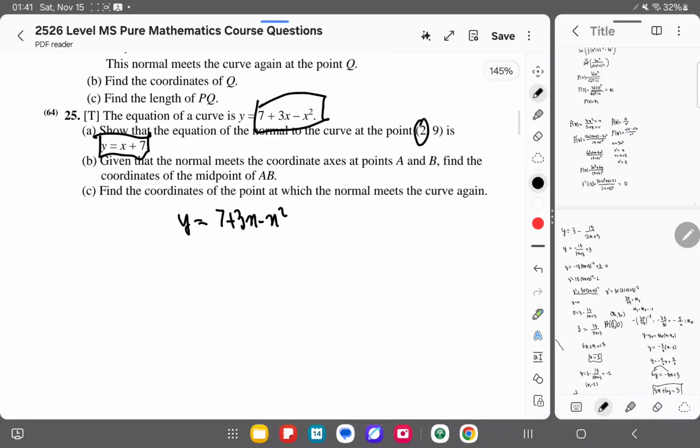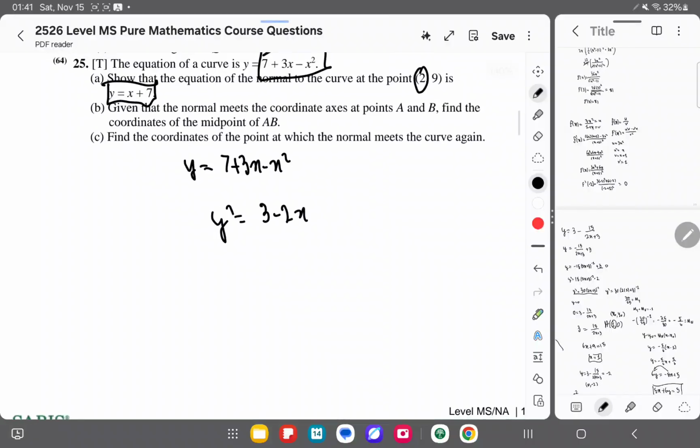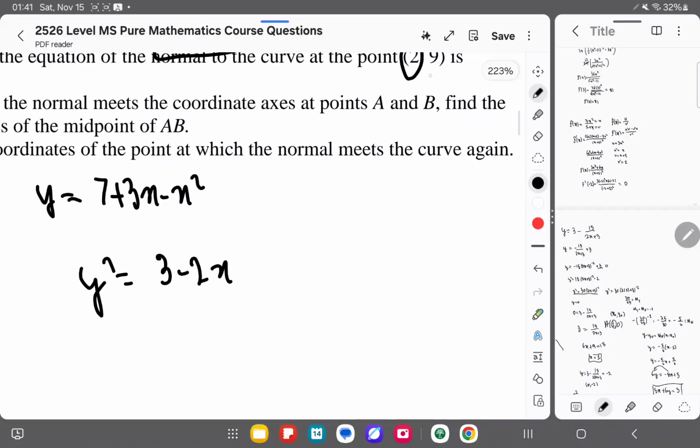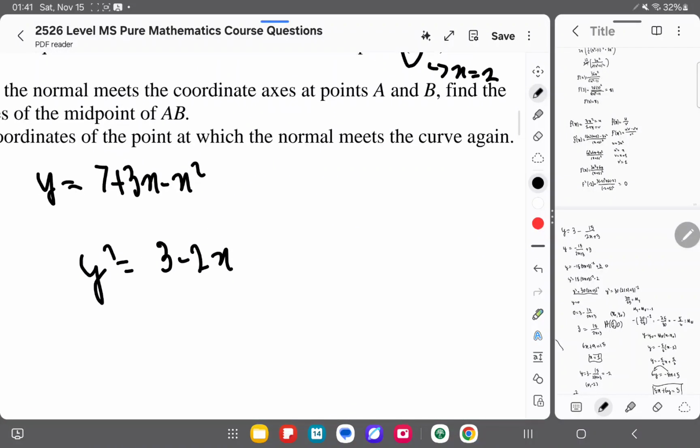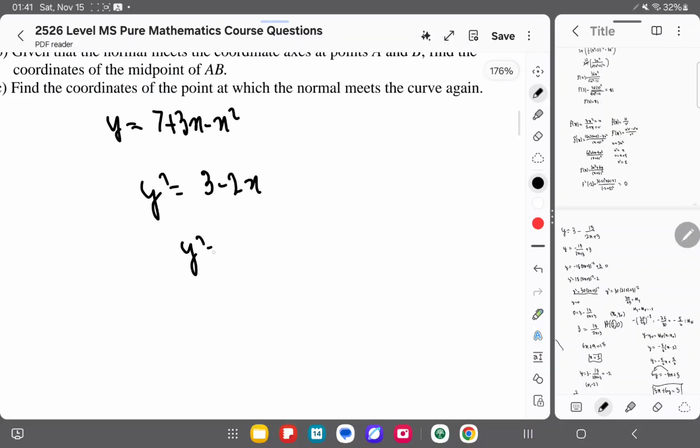So first we have to differentiate, we get 3 minus 2x, and then we get the derivative at x equals 2. So we get the gradient at x equals 2, so 3 minus 2 by 2, you get minus 1, which is equal to the slope of the tangent.